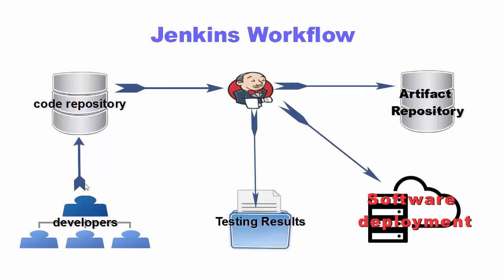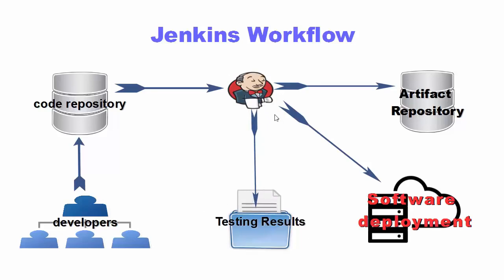So whenever a developer commits code, it is automatically detected by Jenkins. And what Jenkins will do is run some tests, whatever tests you have created to run on Jenkins. For example, the unit test or integration test or system test or any other kind of test, it is just going to run those tests and give you the test results.